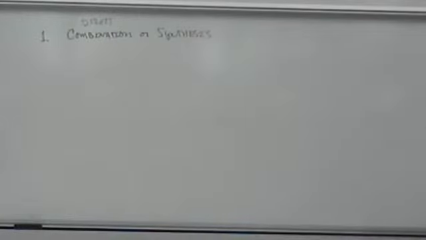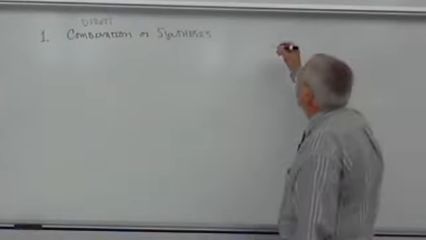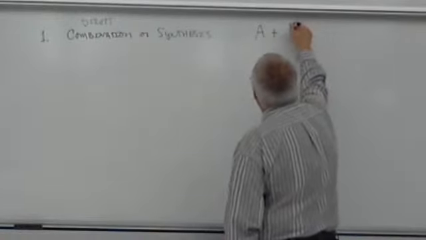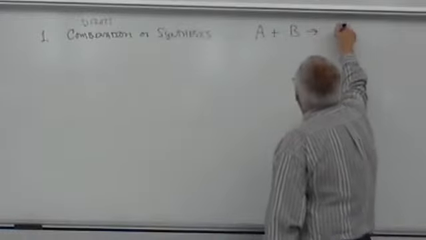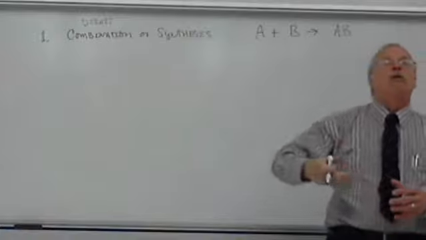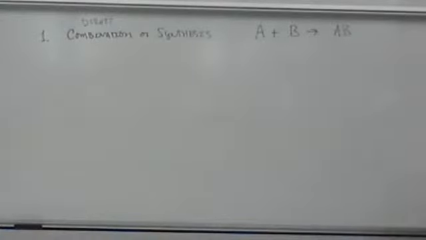What I'll do for each of these types is give you a dummy representation of what's taking place, and then we'll look at specific examples and see how it applies. As the name implies, the dummy representation says that we're going to take some substance A with some substance B, and combine them together into one substance, AB.